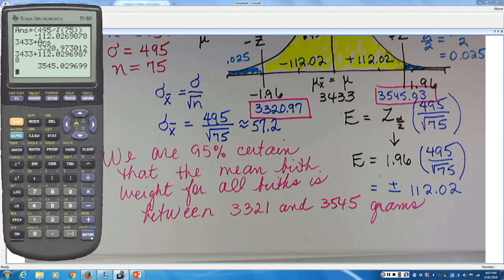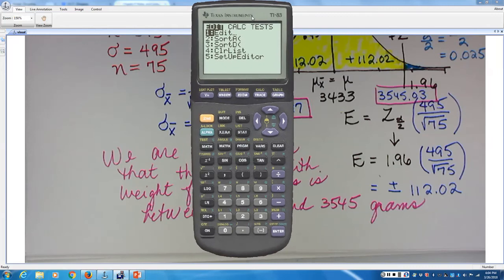Now I'll show you how the calculator will give you the same information. What we're going to do is not go to the bars key. We're going to the stat button. Okay? I'll pull this down kind of in the middle so you can see it better.